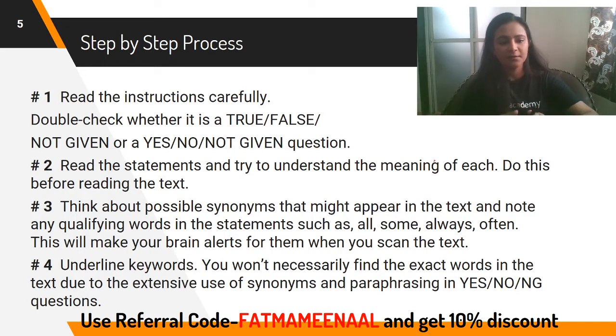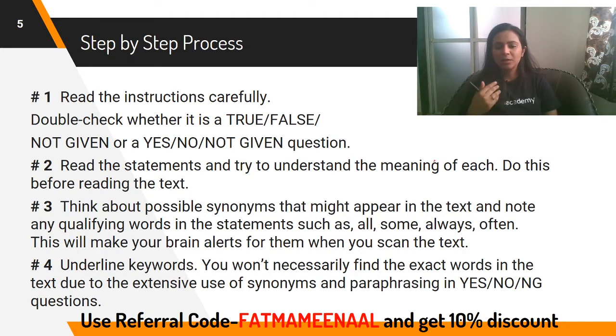Okay, let's start the class. Now, yesterday I did discuss how you're going to be differentiating between your true, false, not given and yes to not given questions. So the first step is to make sure that you're reading the question. Before going for the exam, I'm sure you all will practice many times. And with overconfidence, people tend to just skip reading the questions.